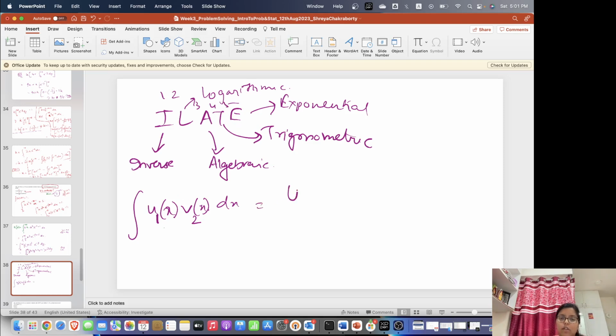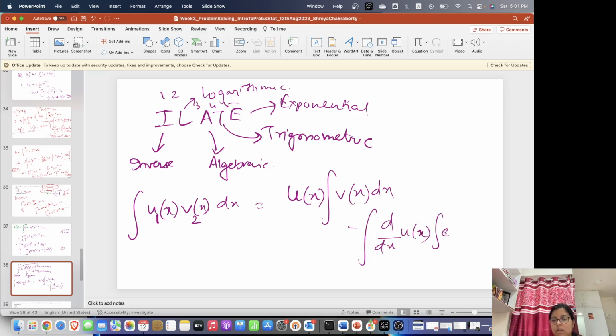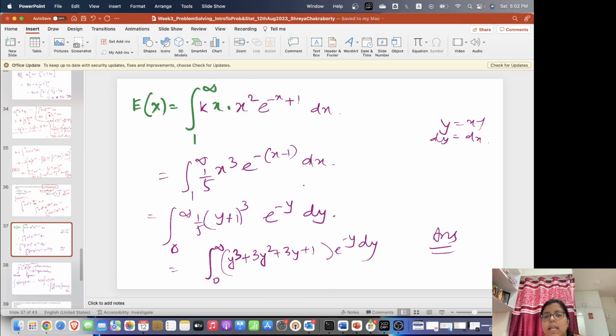That is u(x) times the integral of v(x) dx minus the integral of d/dx of u(x) times the integral of v(x) dx, total dx. Okay, ma'am. Thank you, ma'am. So then you just have to follow this path and keep on doing the calculation to land up at this thing.